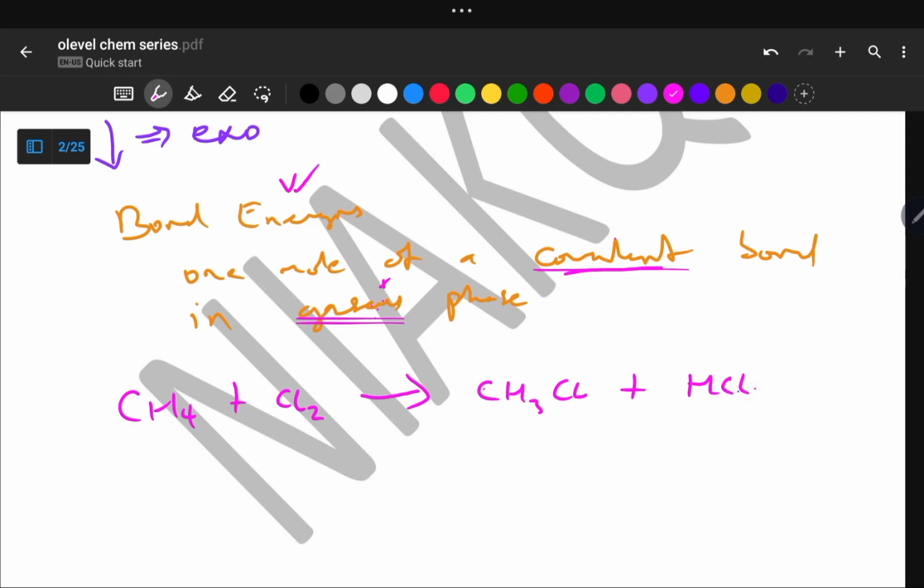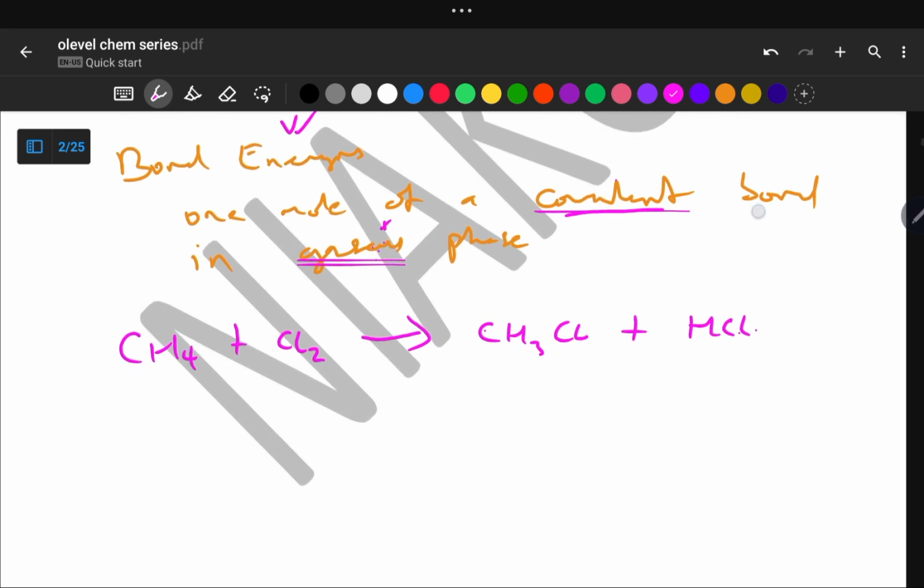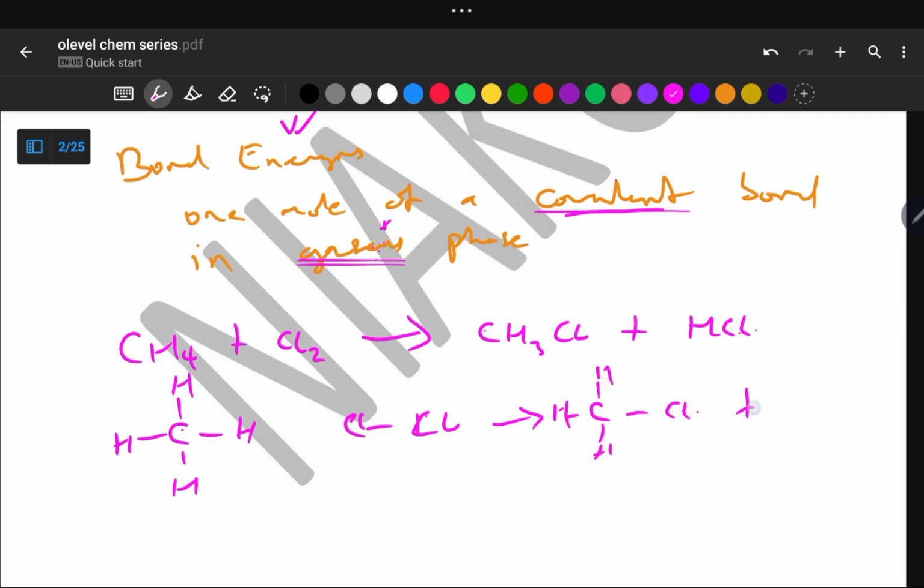So this is the chlorination. It's called the free radical substitution in organic chemistry, right? So we're going to use the bond energies, right? So here we have the displayed formula, and then here the displayed formula, and then here to give this one, and then here we're given this one.